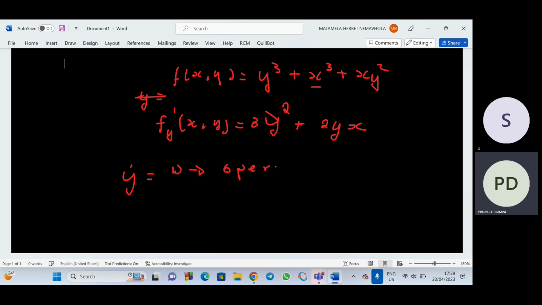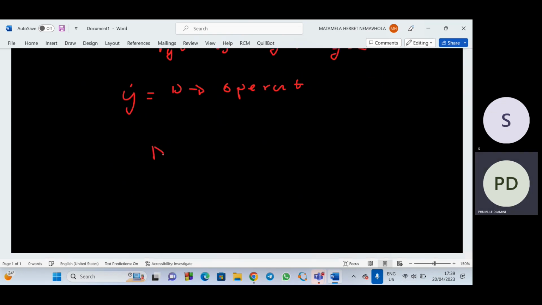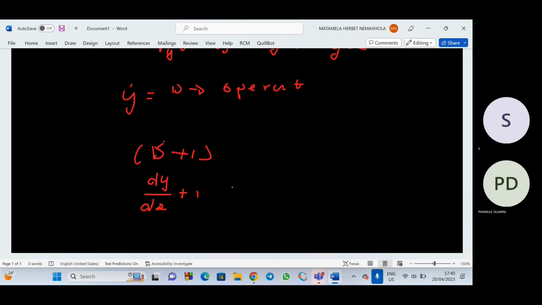So when we talk about the operator, if you have a question that says D plus 1 like this, you must know that they are saying this is the same as writing dy over dx plus 1. So if I add here x, like this, this is the same as dy over dx plus 1, with respect to what? With respect to x.